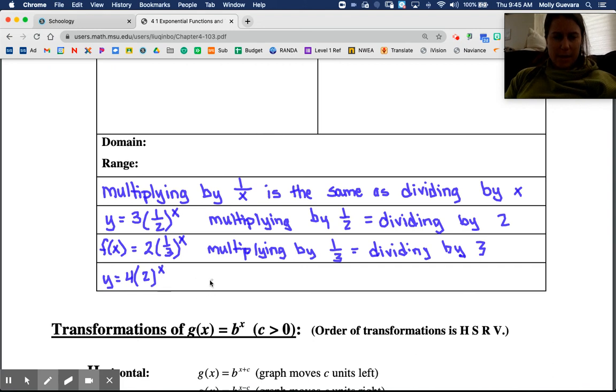Here I'm multiplying by 2 every single time to go to the right. But if I want to go to the left, then I can think of it as dividing by 1/2. So you can go either way.